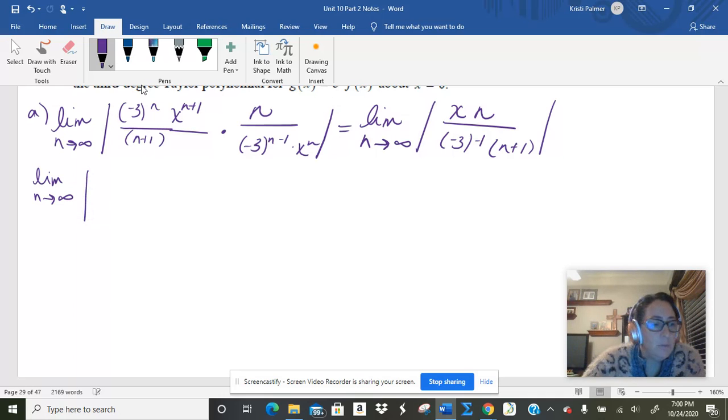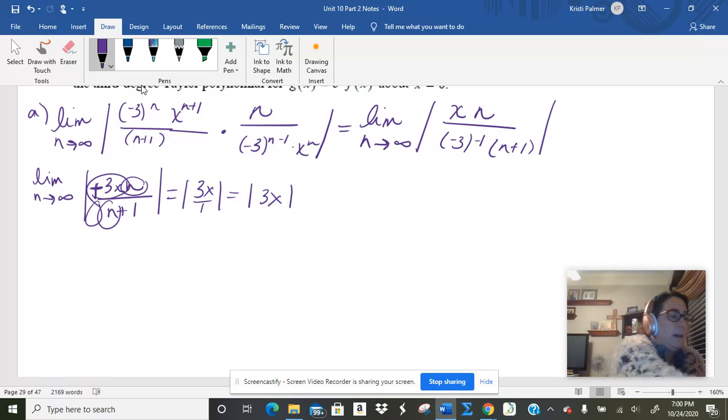I'm going to go ahead and bring it up to the top. And now I know that I'm taking the absolute value, so I don't need the negative at all. And limit as n goes to infinity, they are the same. So I take the coefficients, which would be the absolute value of 3x over 1, or just the absolute value of 3x for that. So see if you got that okay.